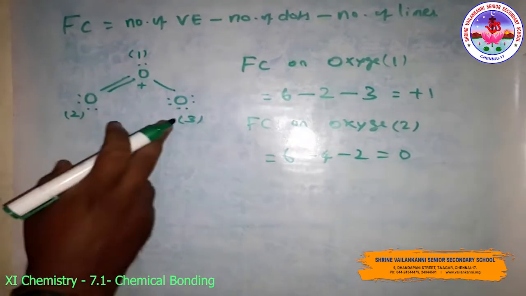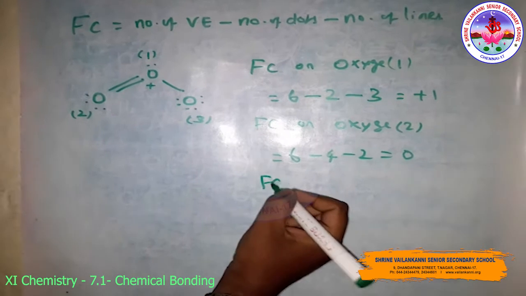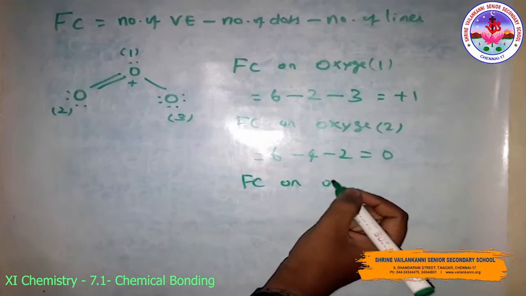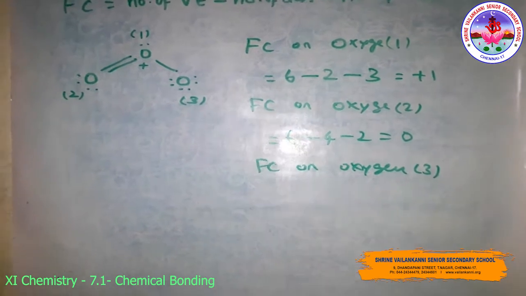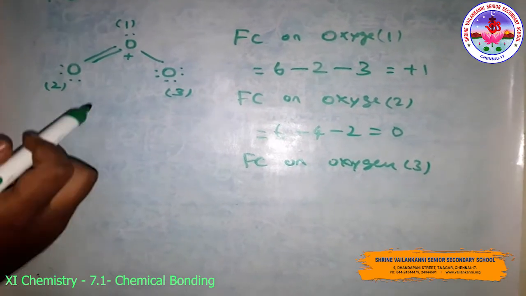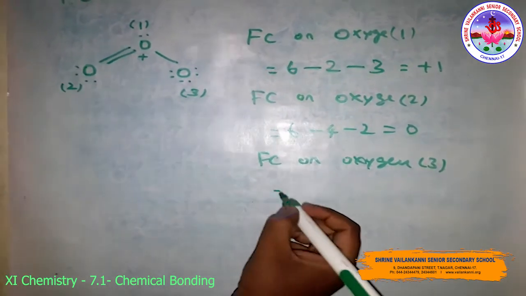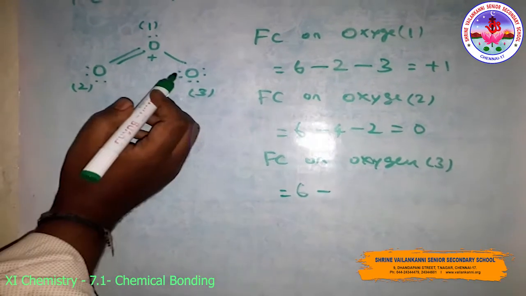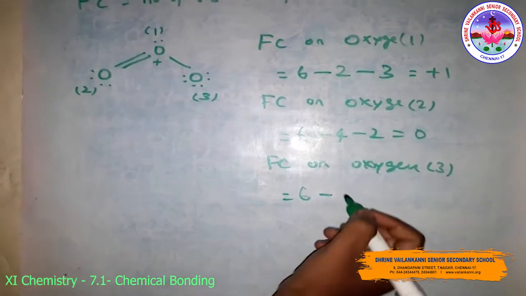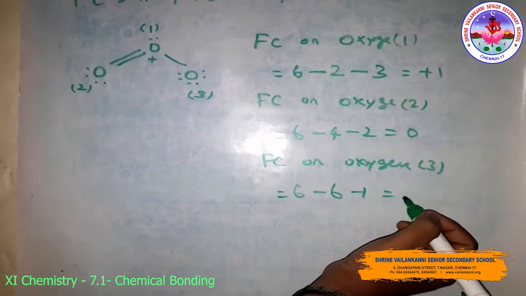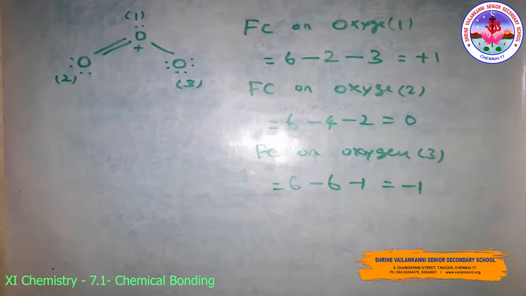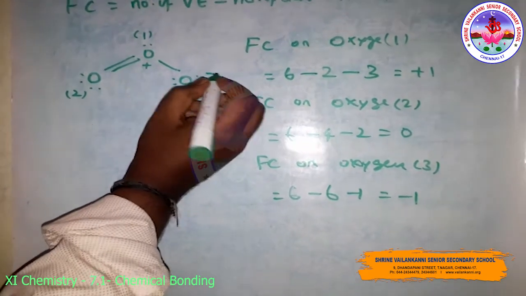Then the formal charge on oxygen number 3: valence electrons 6, number of dots 6, and number of lines 1. So minus 1. So this oxygen has a minus 1 charge.